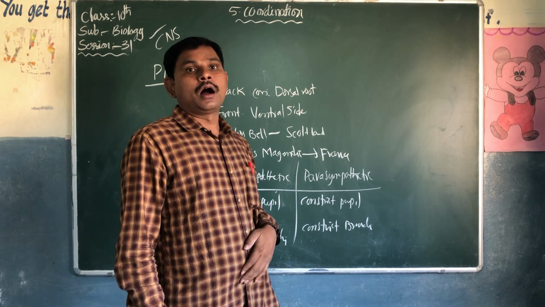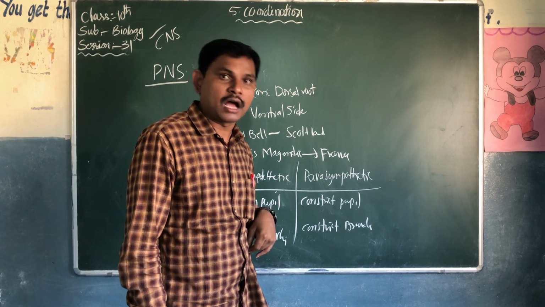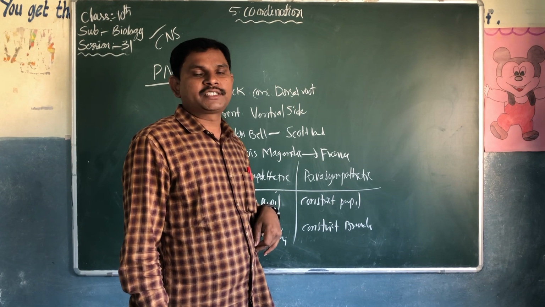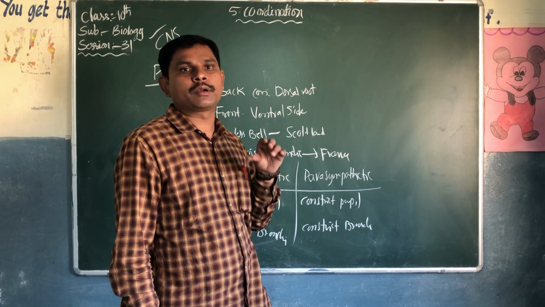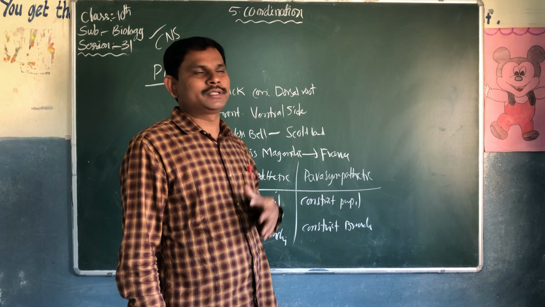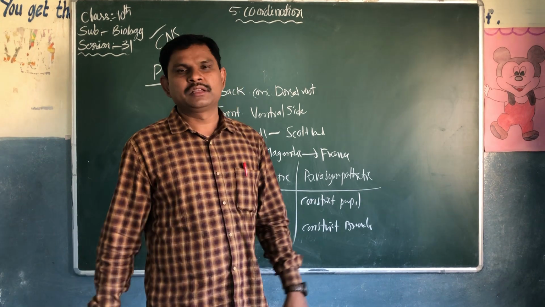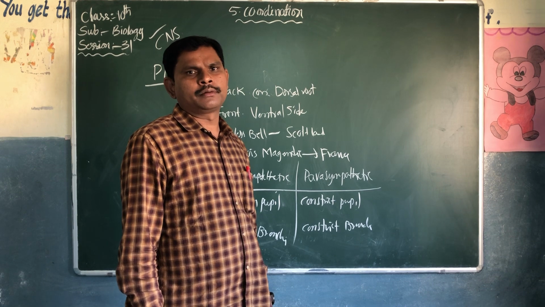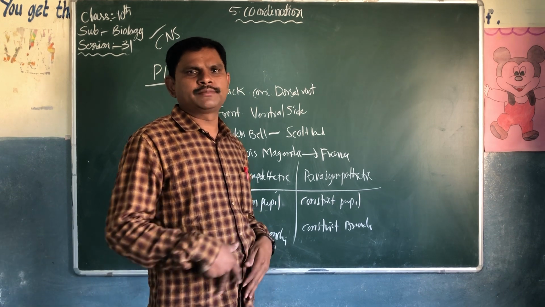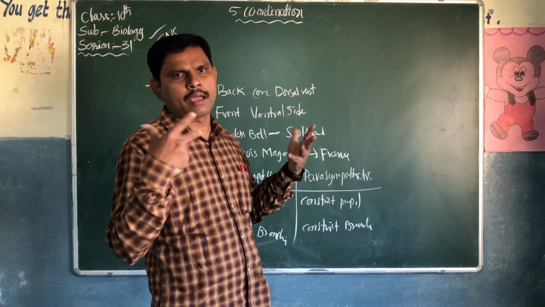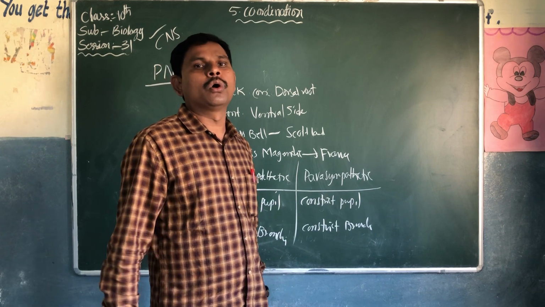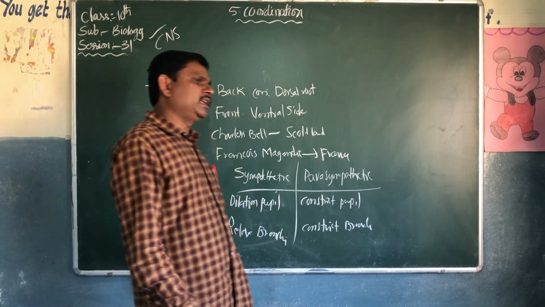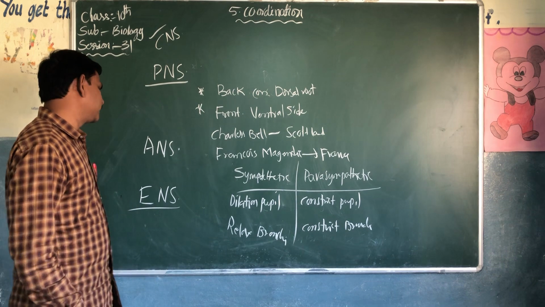There are more than 100 billion nerve cells, and even scientists have not fully understood this ENS. There are different types of nerves and different types of enzymes released in the stomach. They don't know. We will discuss this ENS in the next classes.